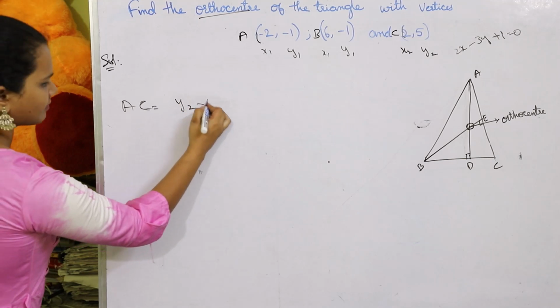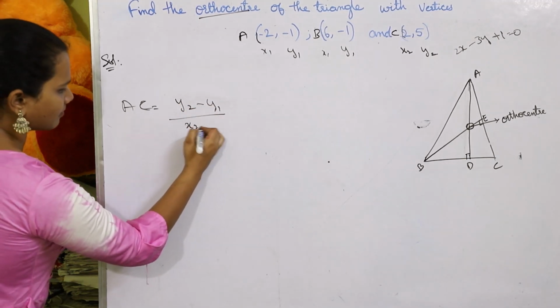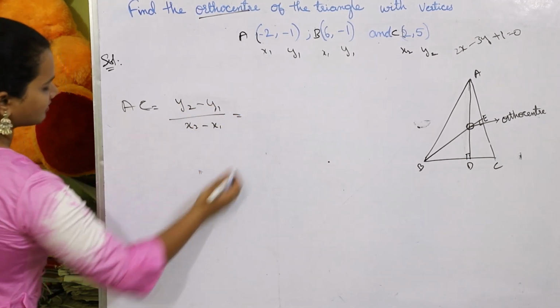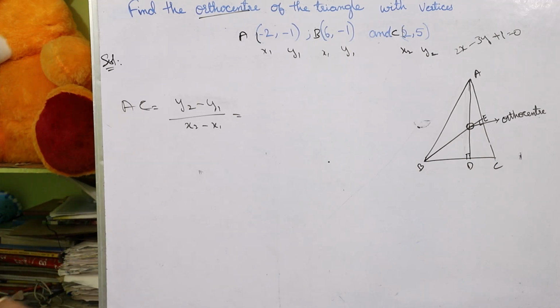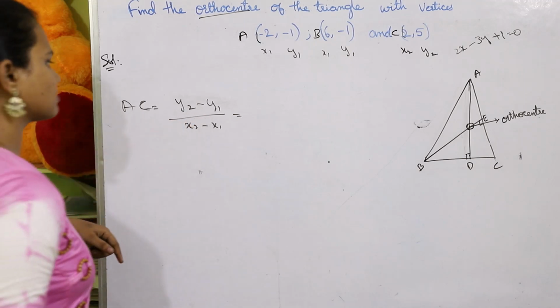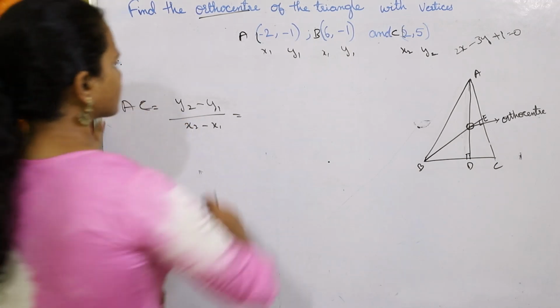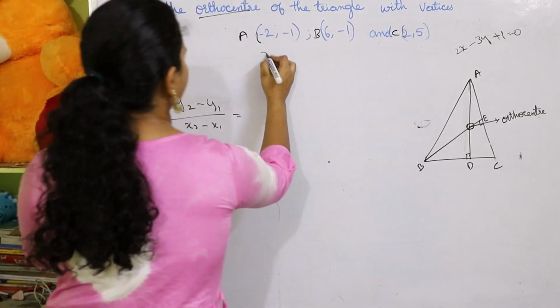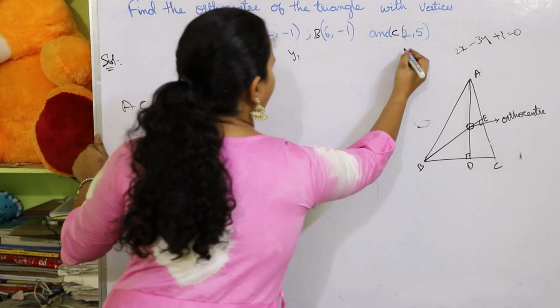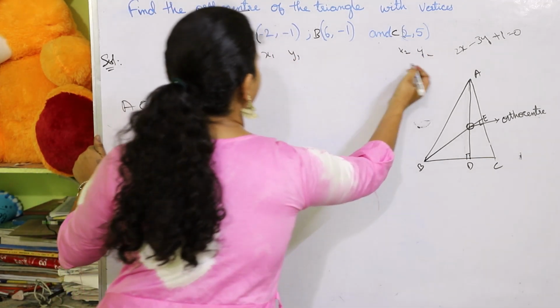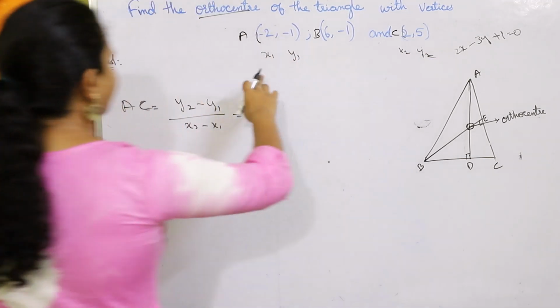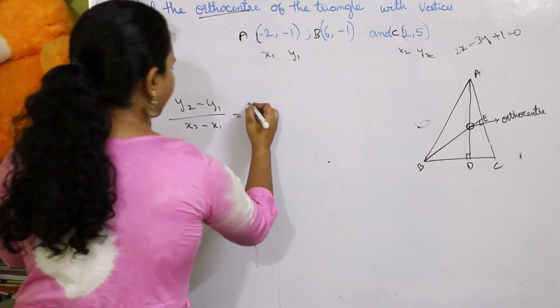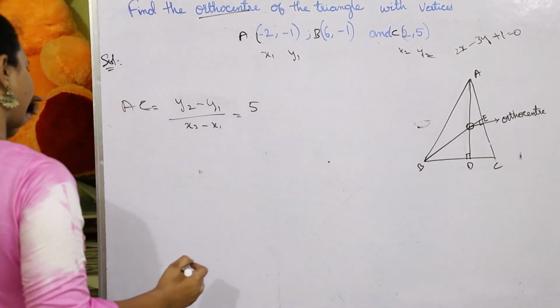So the slope formula is y2 minus y1 by x2 minus x1. The formulas are very important, guys, just remember it. Okay. So y2 minus y1 by x2 minus x1. Let this be x1, y1. This is x2, y2. Clear? So where y2 value is what? 5. y1 is what?